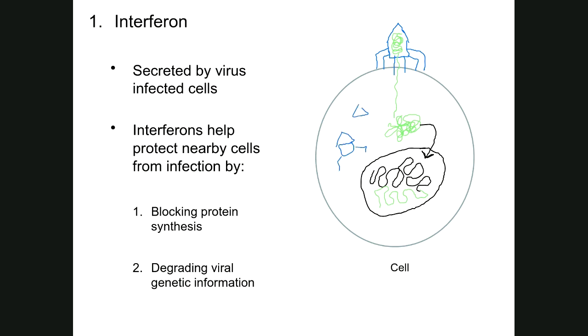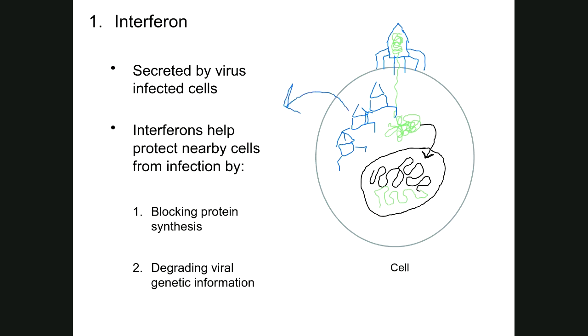And what happens at that point is your cell becomes a virus factory and it starts producing all of these little viruses inside of it, and you have lots and lots of virus building up inside of your cell.